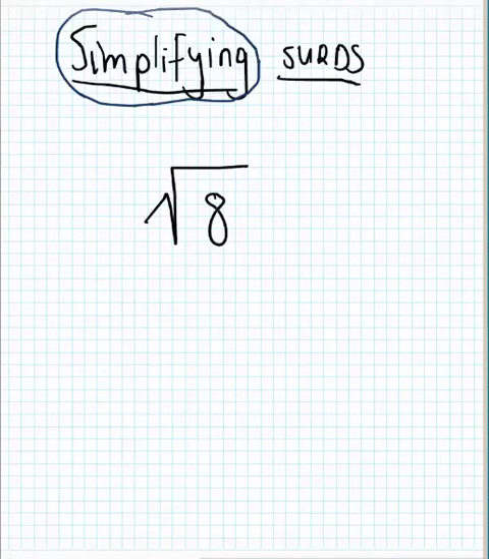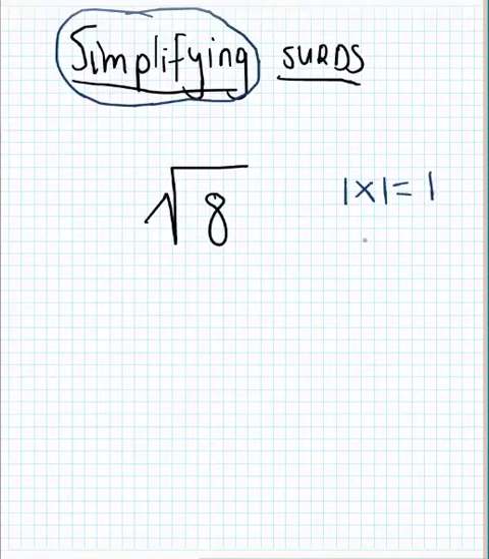Now, to simplify surds, you have to remember the perfect squares. If you haven't got this written down already, write down at least the first 20 perfect squares because you'll need to know what these numbers are in order to simplify surds. So, for example, 1 times 1 is 1.